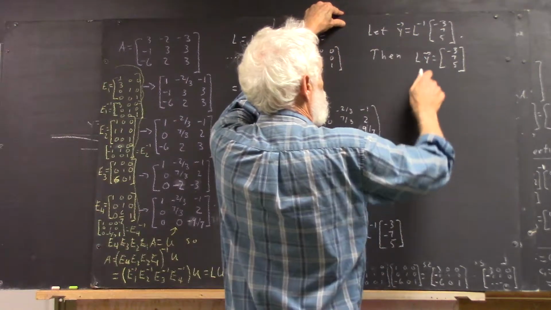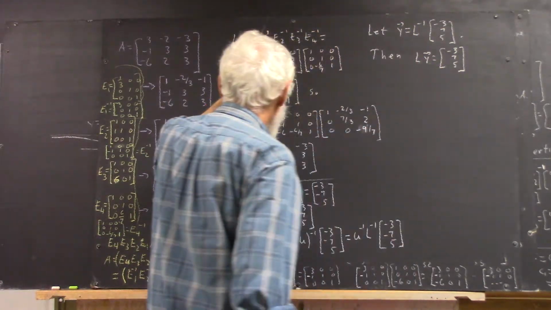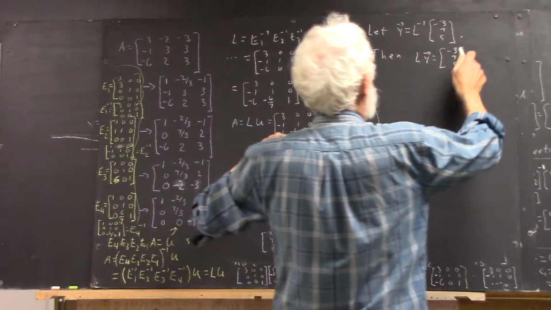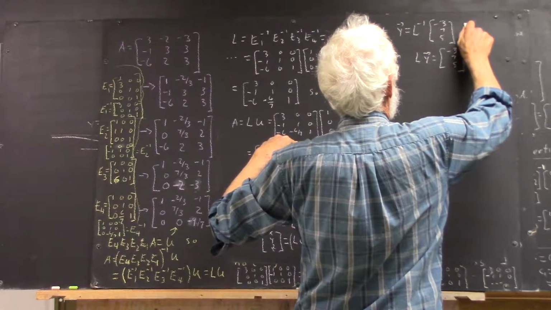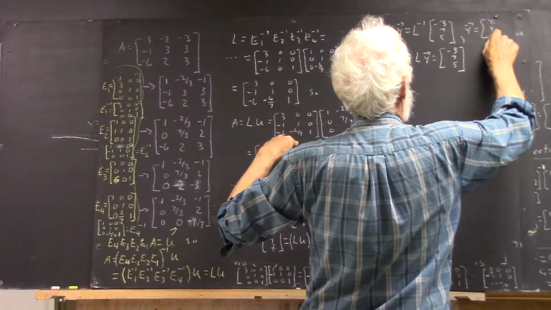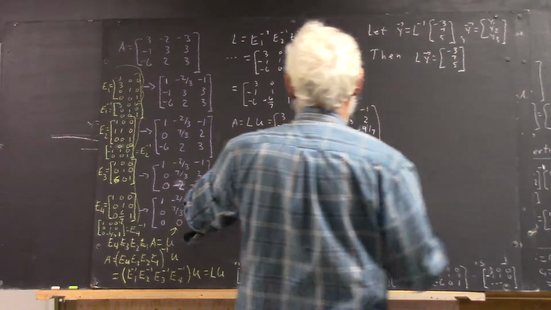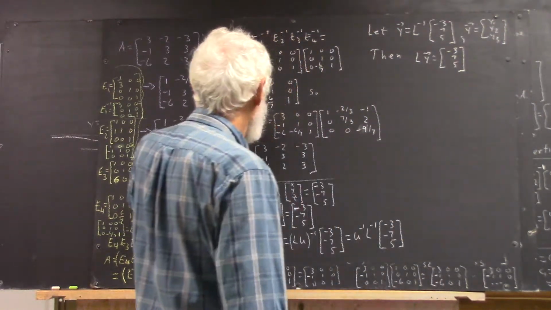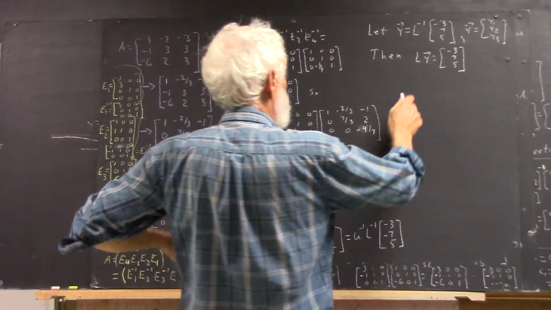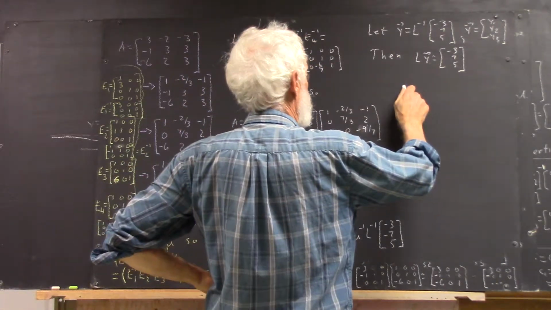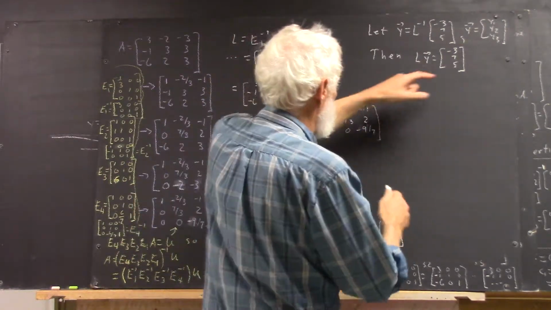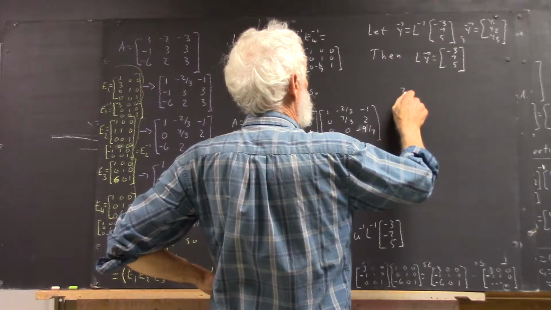So Ly is what? Well, here's L, and let's let Y equal y1, y2, y3. Multiplying L by Y gives us a matrix equation, and when we set it equal to this, we get the equations.